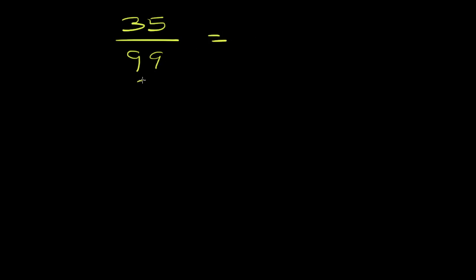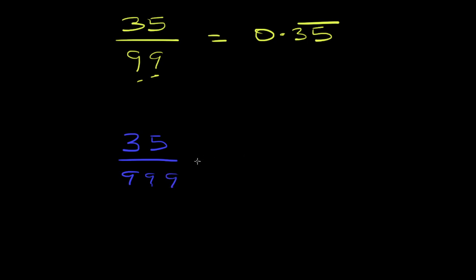Remember, double digit here. So the numerator is already a double digit, so it's going to repeat itself, 0.35 repeated.